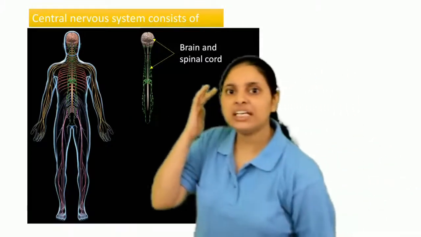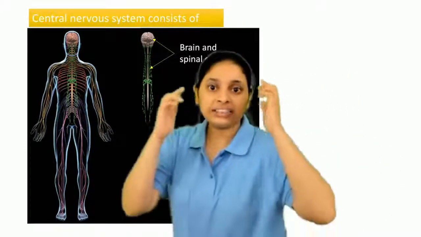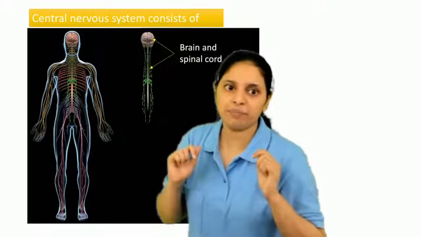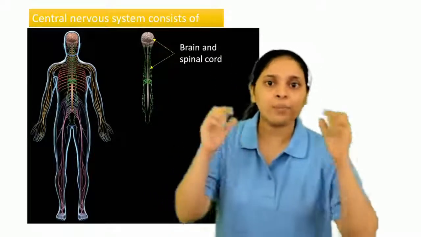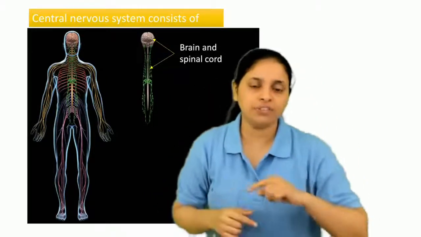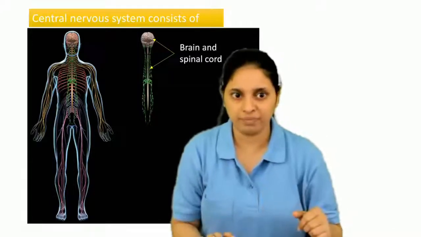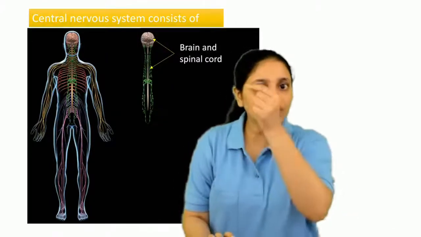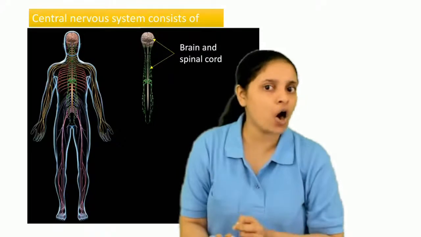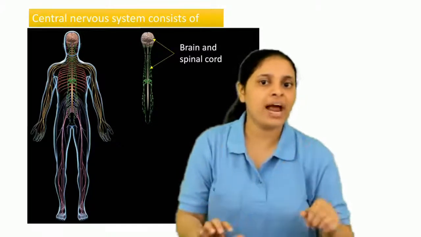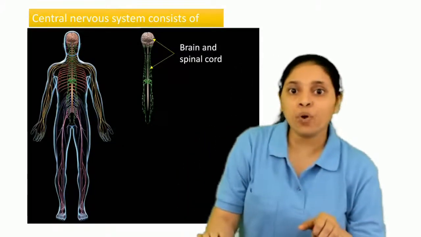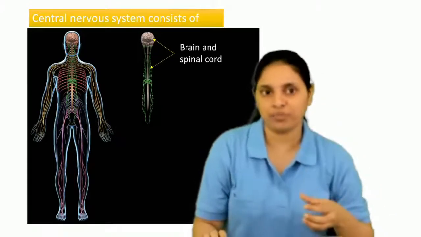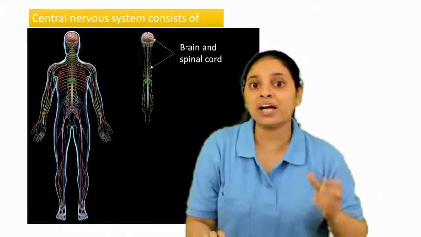Brain is basically present inside our skull, inside our cranium. Cranium is the protective bony structure which is surrounding the brain. Also the tube like spinal cord is also surrounded and protected by the bony vertebral column. Okay, vertebral column is our backbone.